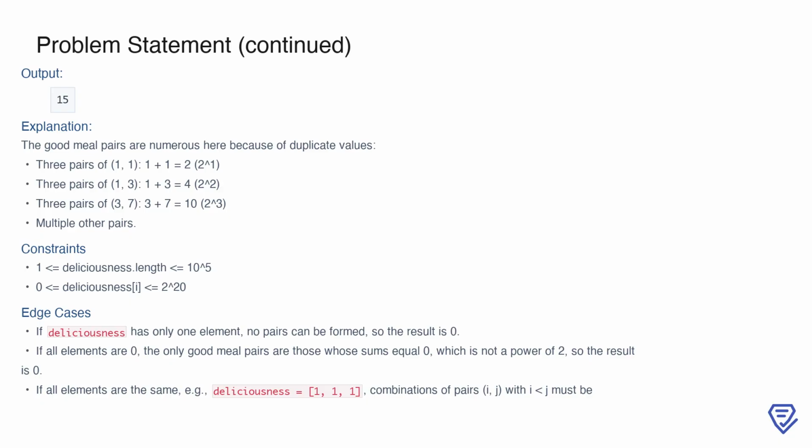Similarly, there are 3 pairs of 1, 3, because 1 plus 3 equals 4, which is 2 to the power of 2. There are also 3 pairs of 3, 7, as 3 plus 7 equals 10, which is 2 to the power of 3. The presence of duplicate values in the array greatly increases the number of valid pairs, so the solution needs to account for this efficiently without explicitly checking every possible pair.